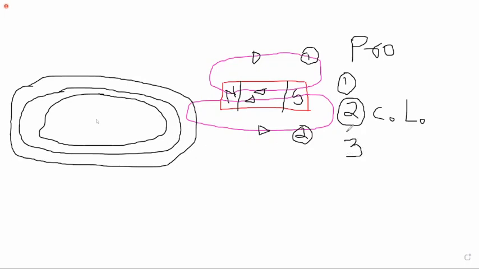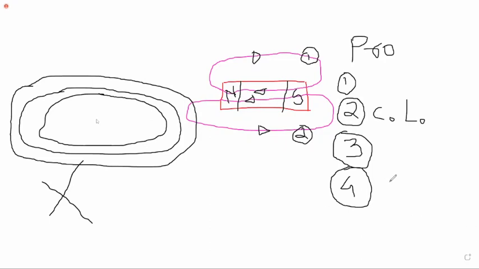Then third property: they never intersect each other. Fourth property of the flux: magnetic flux lines or magnetic field lines, magnetic flux, is a vector quantity. It has got magnitude as well as direction. That's why magnetic flux is a vector quantity.